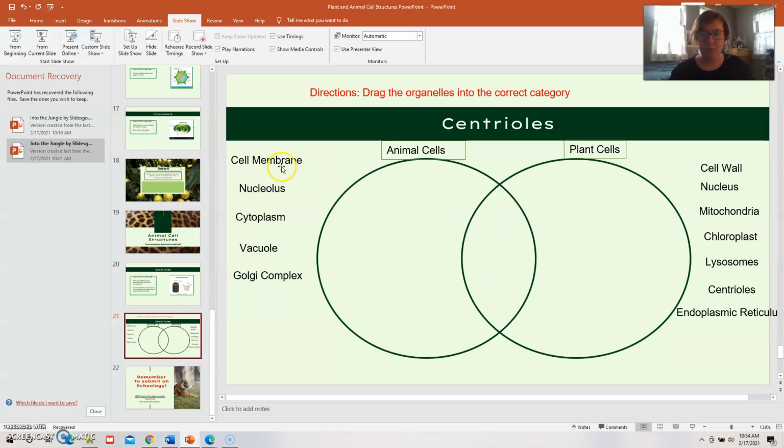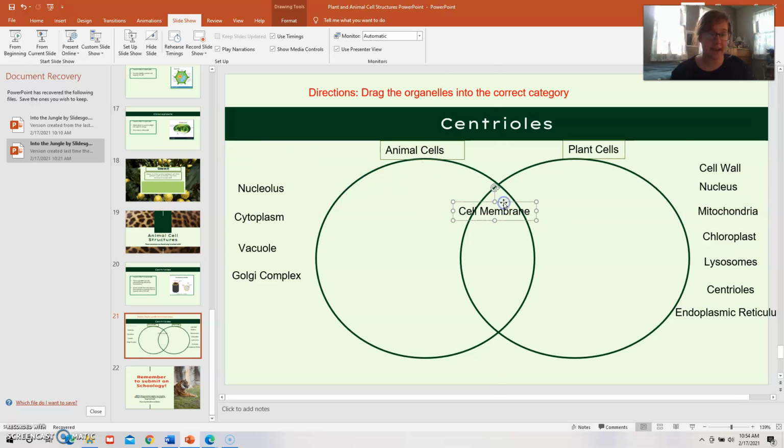So, for example, cell membrane is found in both plants and animals, compared to the cell wall, which is found only in plant cells. Another one, the mitochondria, is found in both plants and animals. And you have your lysosomes, also found in both plants and animals.